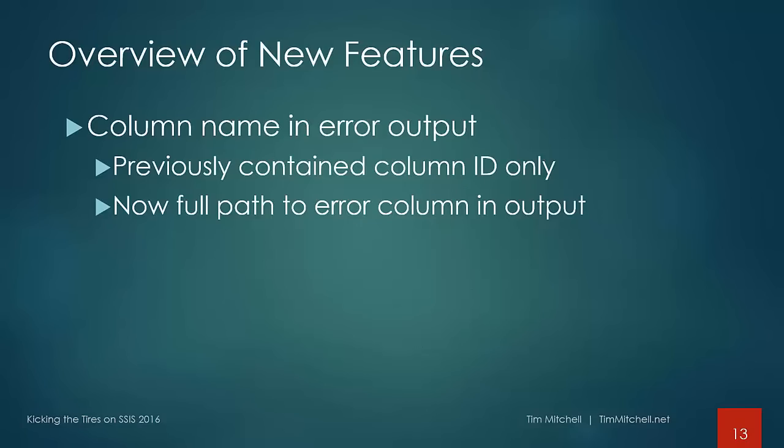The problem with that is that the output would have the row data that you needed, but it didn't identify the column that was suspect. In 2016, they actually do include the column name in there rather than just the column ID, so you can quickly identify it without having to circle around and figure out what column 10 translates to. It will tell you that immediately in that output.